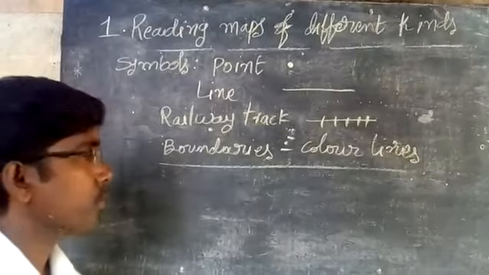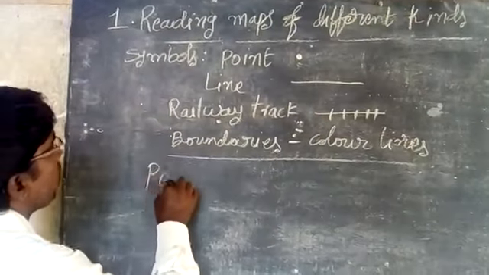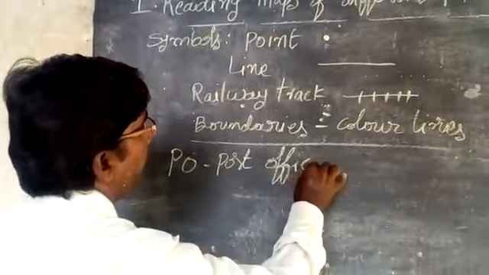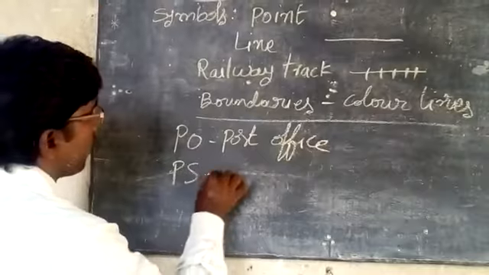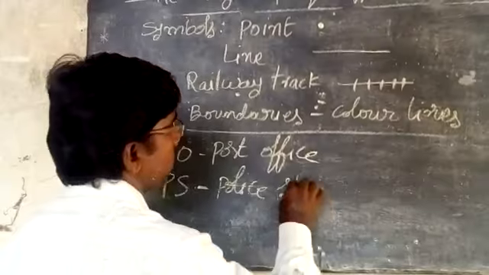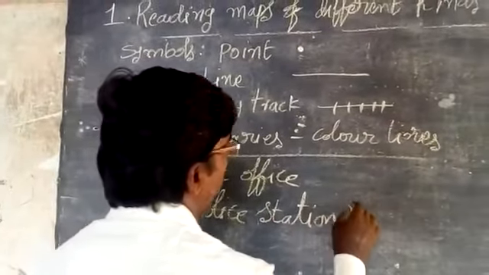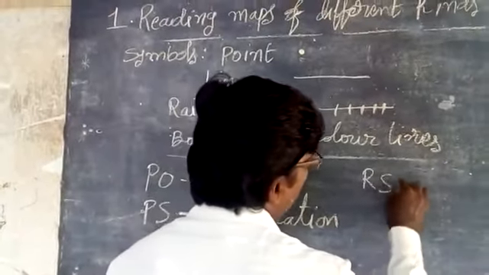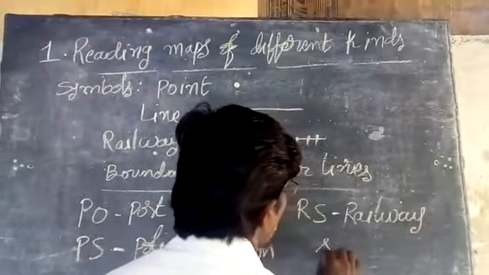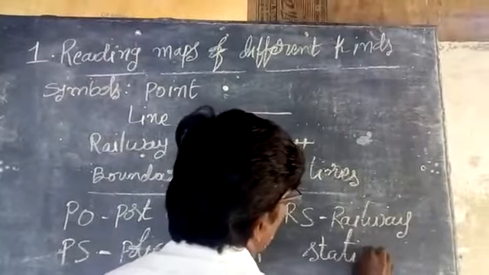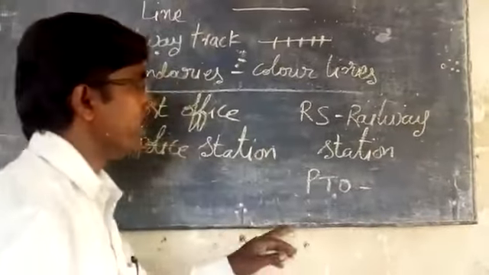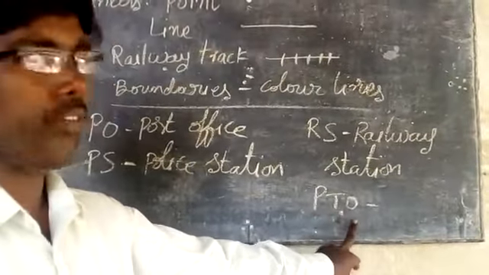Already you know, PO indicates post office, PS indicates police station, RS indicates railway station, PTO indicates postal and telegraph office.